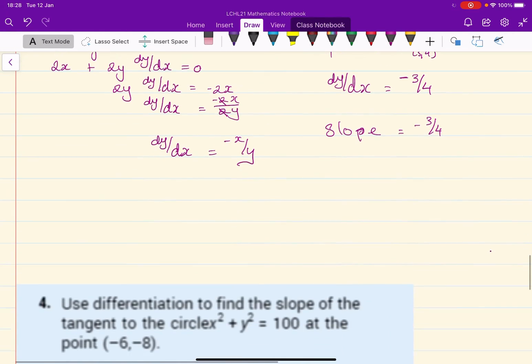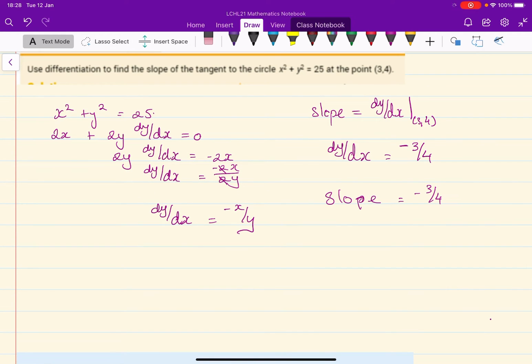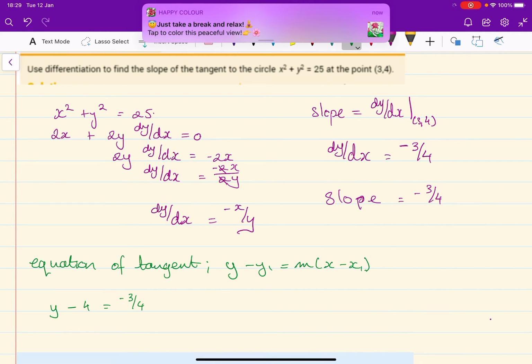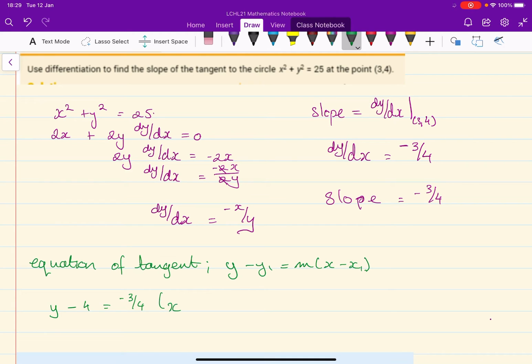So the equation of the tangent is y minus y1 is equal to m times x minus x1. So that would be y minus our y1, which is 4, is equal to minus 3 over 4 times x minus, what's our x1?